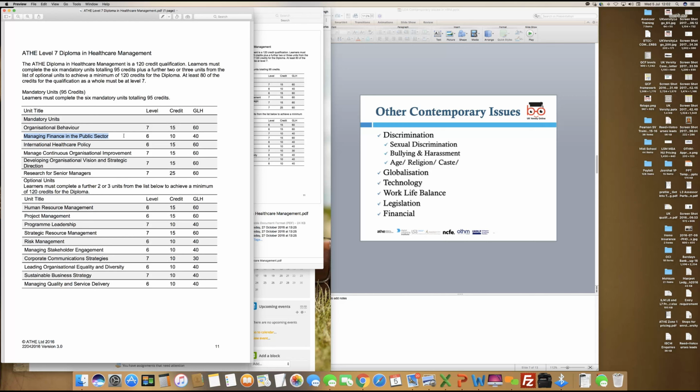And then this unit is going to be taken by one of my colleagues called Anjum, who is a qualified accountant, and he will be delivering this particular unit so that you have a good understanding on how and why finance is an important criterion in the healthcare sector, specifically within the public sector, the NHS.